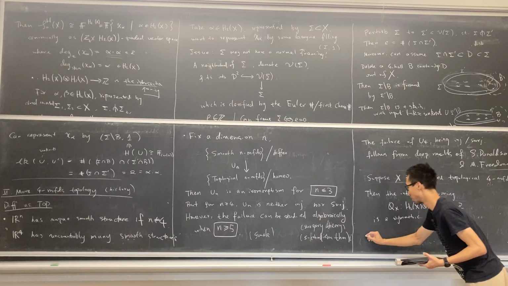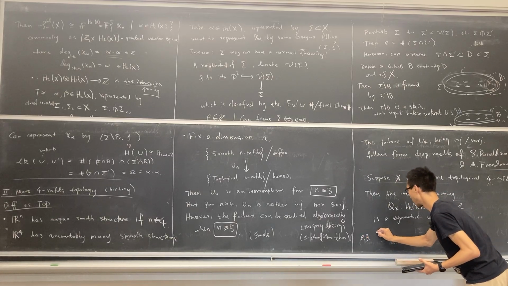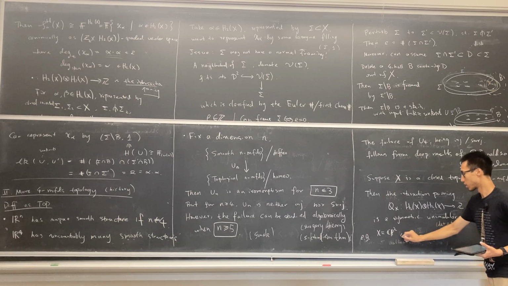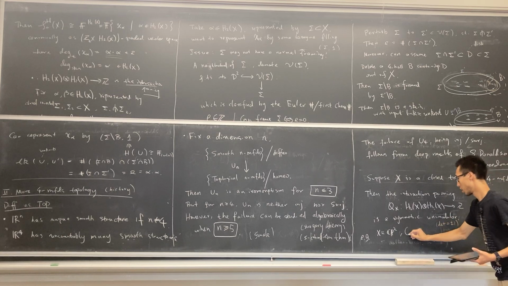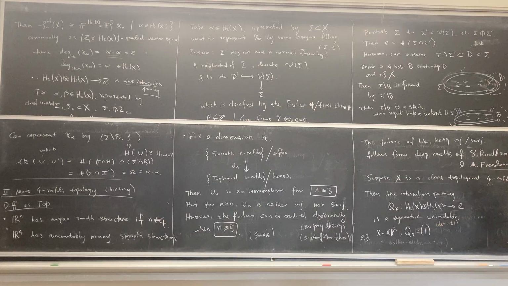For example, when X is equal to CP2, the second homology is just Z, and the pairing is given by the matrix 1, because CP1 has self-intersection number 1.